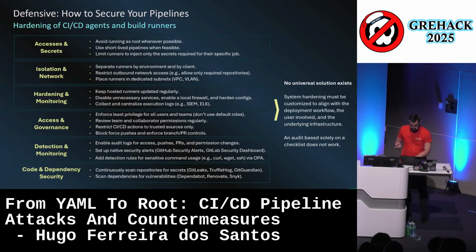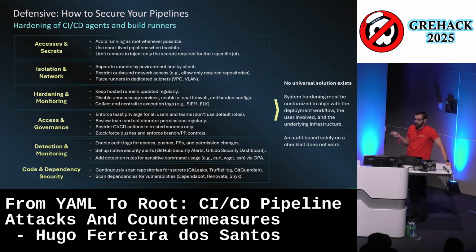Finally, in terms of the defensive part, as you can see, there are a lot of things you can do in order to block this: from access and secrets, isolation of the network, hardening, etc. The thing is, it's impossible to put all of them because it will really depend on how you use your pipelines and your infrastructures.